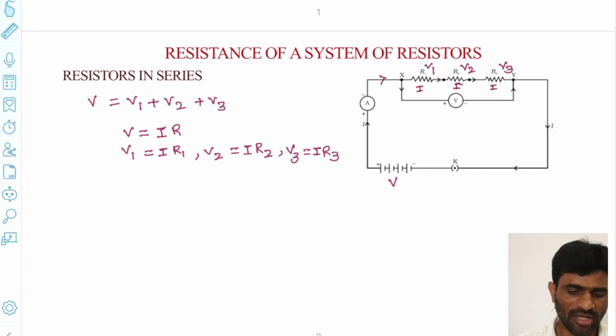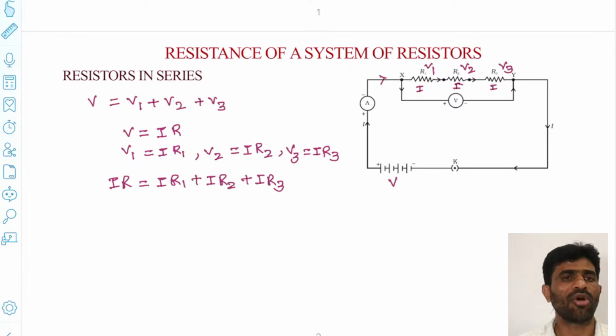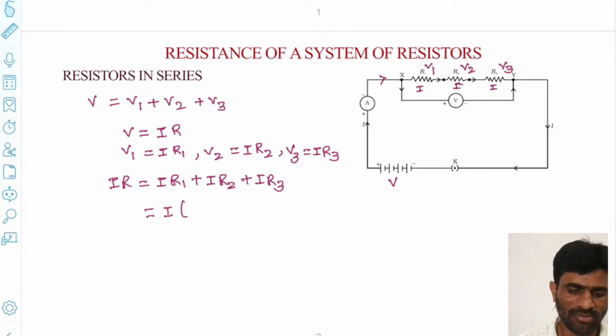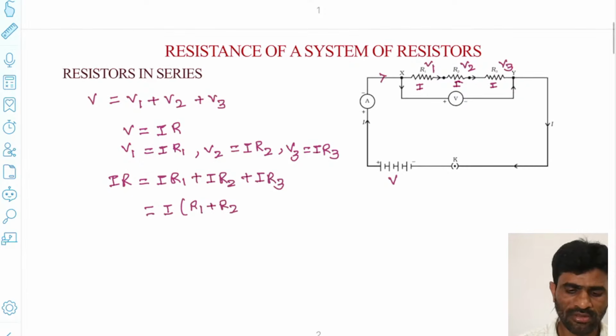So what happens? IR is equal to V1, that means IR1 plus IR2 plus IR3. Now in all the terms we have I common, so we will take I common. So we get I into R1 plus R2 plus R3.